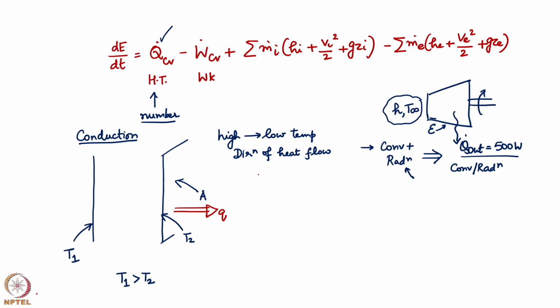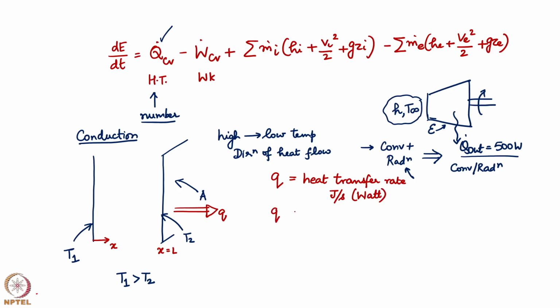So T1 greater than T2, let me put this coordinate system here, x. This is x equal to L and this is x equal to 0. So how does conduction happen and what does the law governing conduction say? Q is the heat transfer rate, which is given in joules per second, which is also watt.